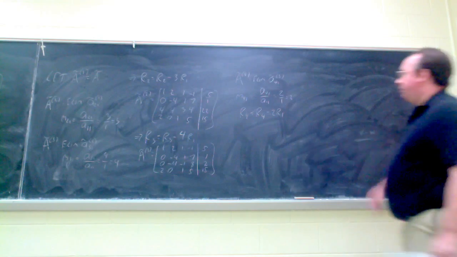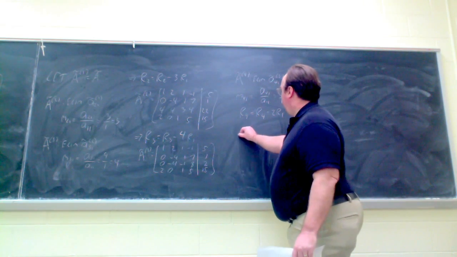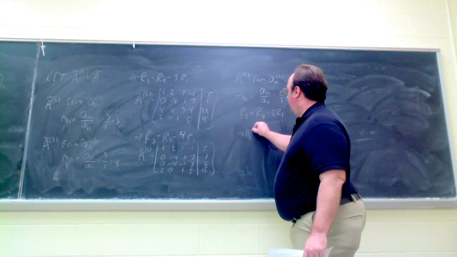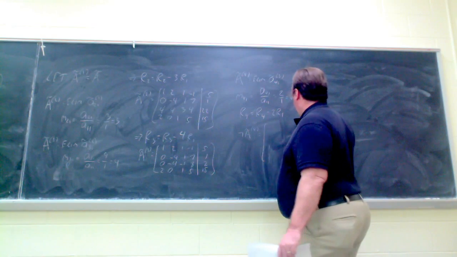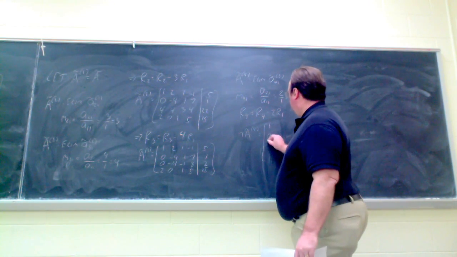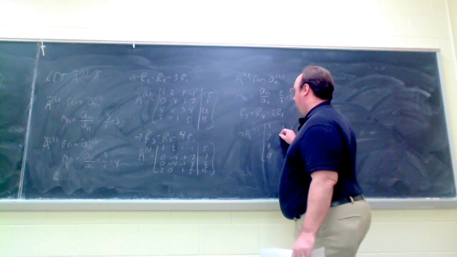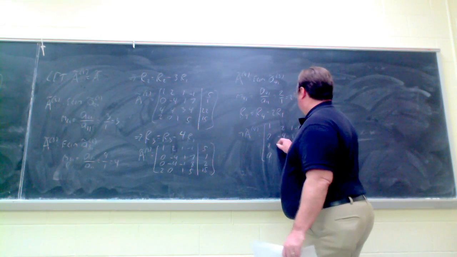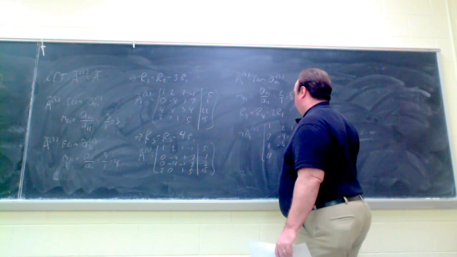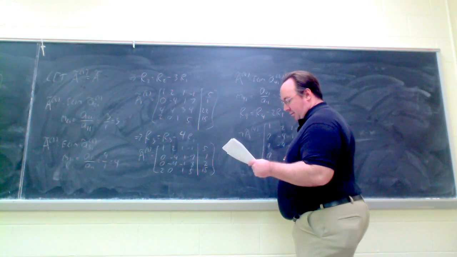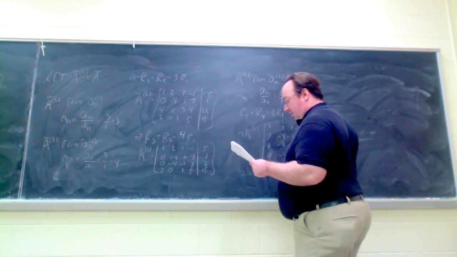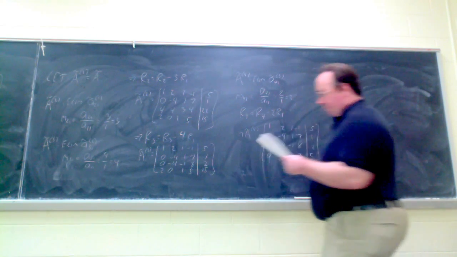So now the first column has all been zeroed out. Okay, so 4, minus 1, 7, 5.